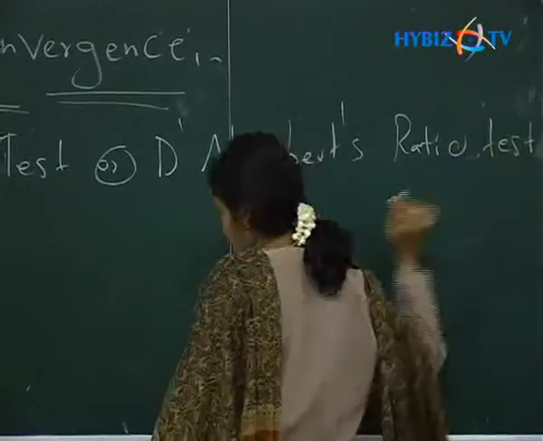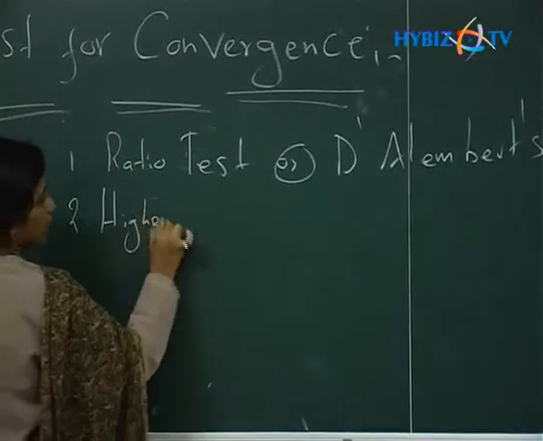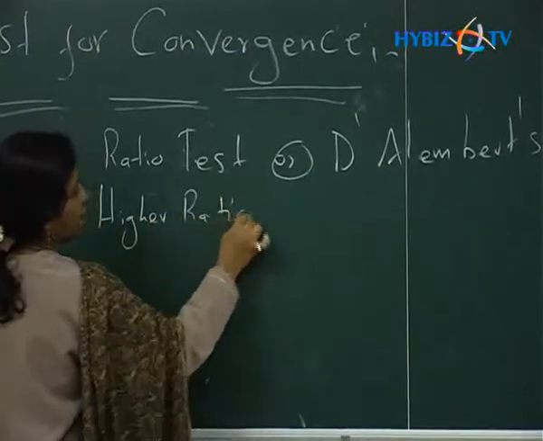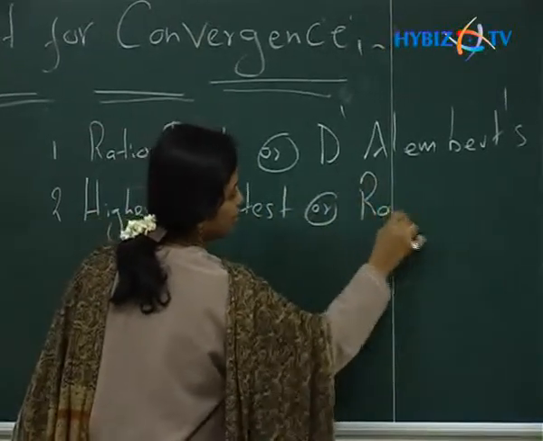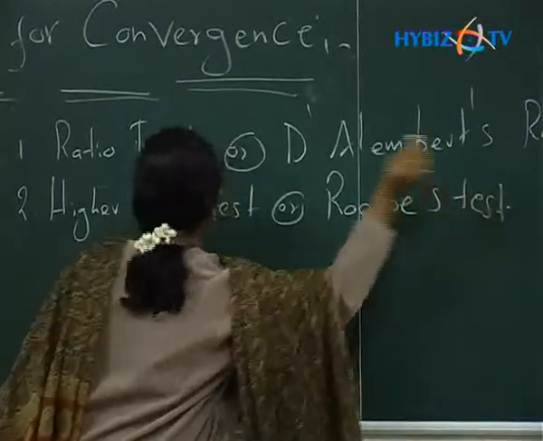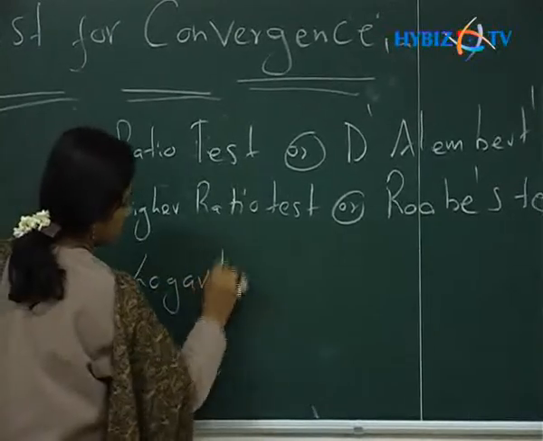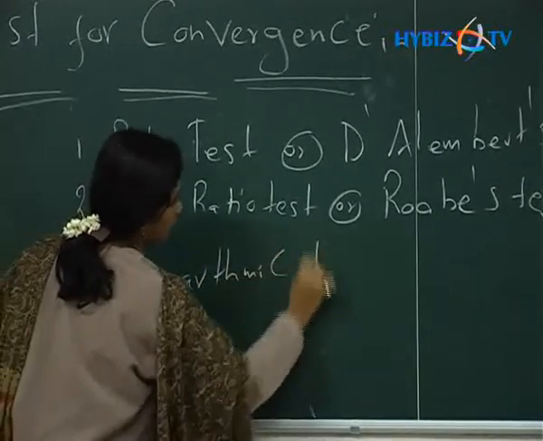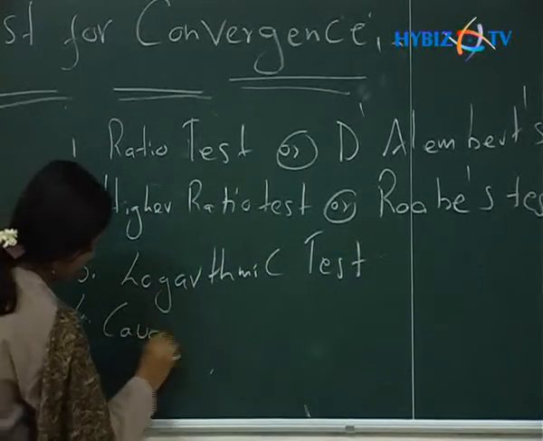The second one, the higher ratio test, which is also known as Raabe's test. Have you heard this one? And the third one, the logarithmic test. And the fourth one, Cauchy's nth root test.